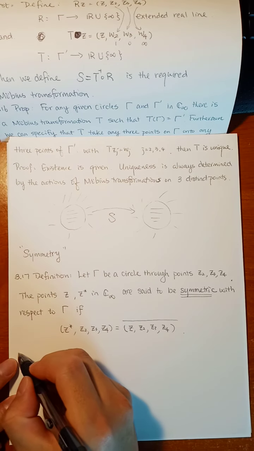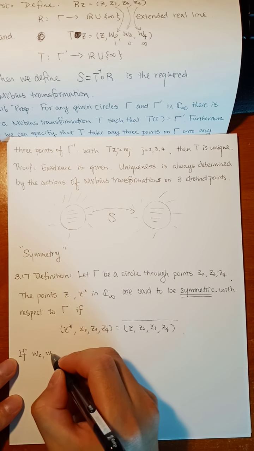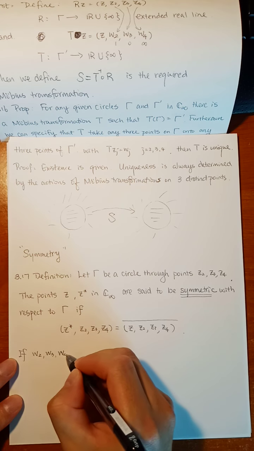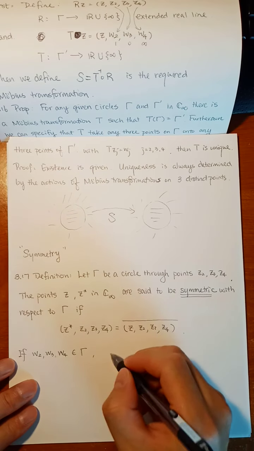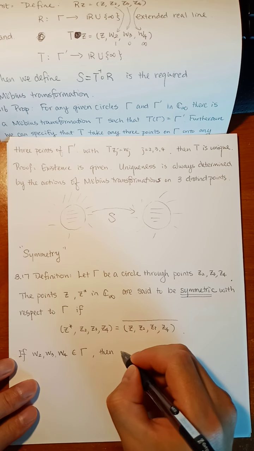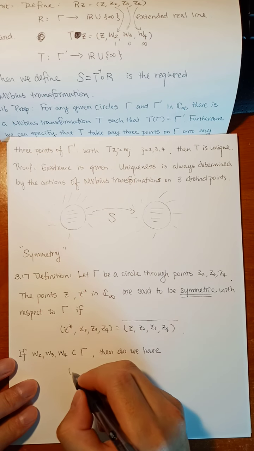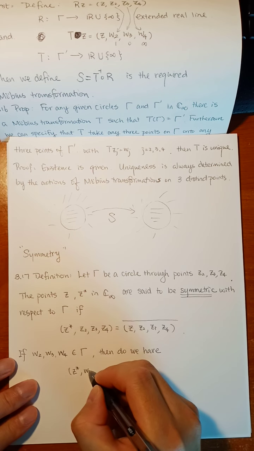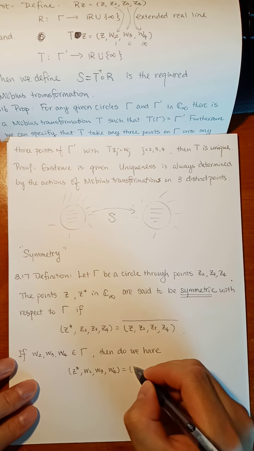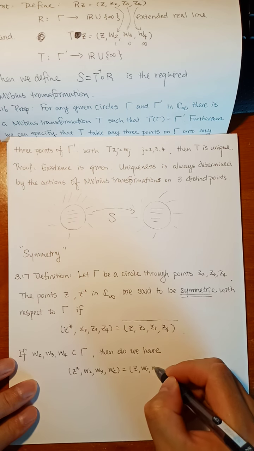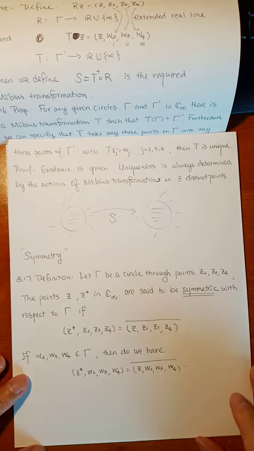So for example, if w2, w3, w4 are also on the same gamma, then do we have (z star, w2, w3, w4) equal to the conjugate of (z, w2, w3, w4)?